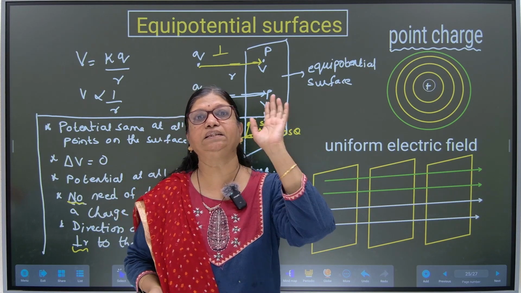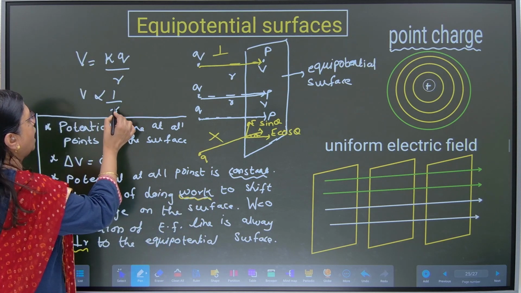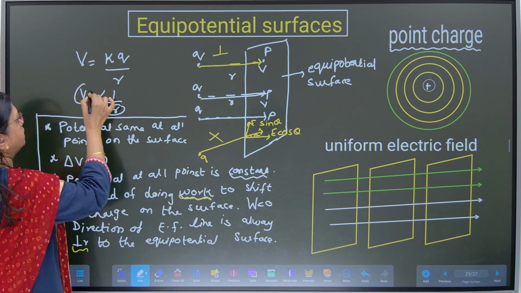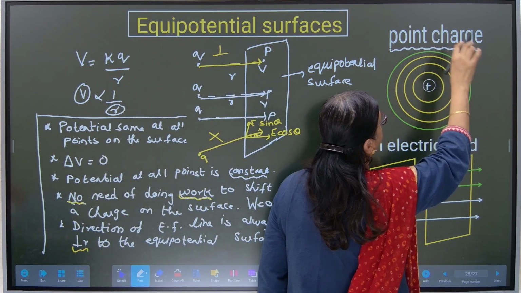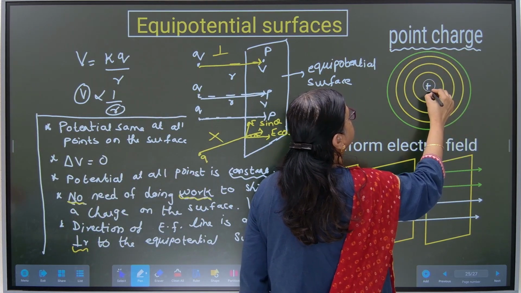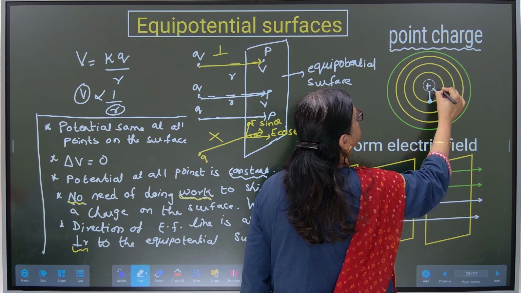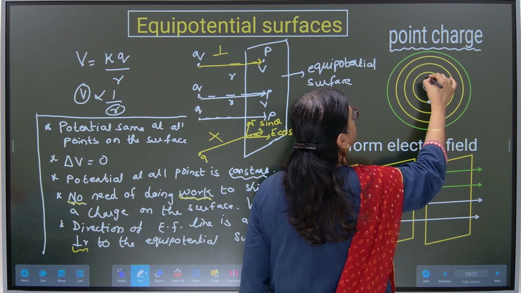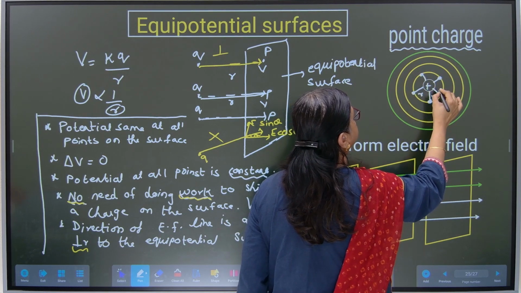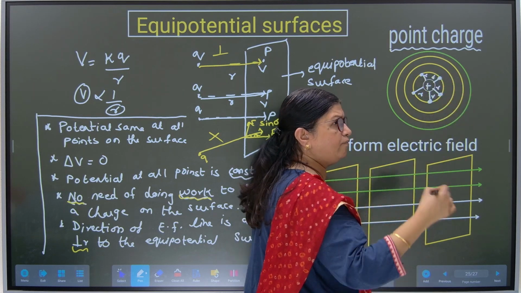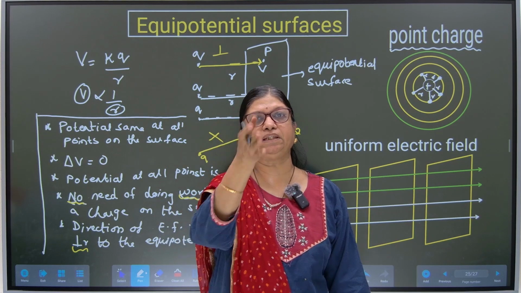As I already stated, V is inversely proportional to R. If R is the same, V is the same at that point. So I have already drawn those concentric circles. Why? Because this is my charge and these are my points, and this is R, this is R, this is R. Radius will be the same for the circle.